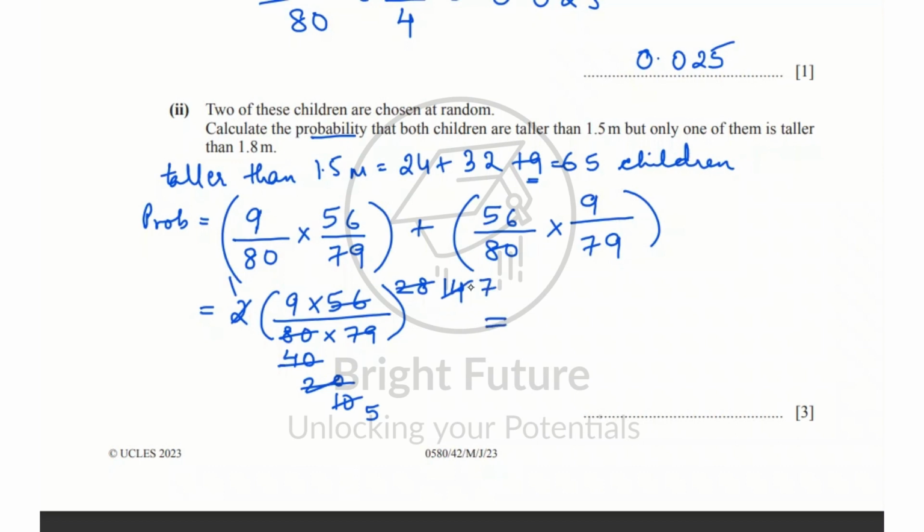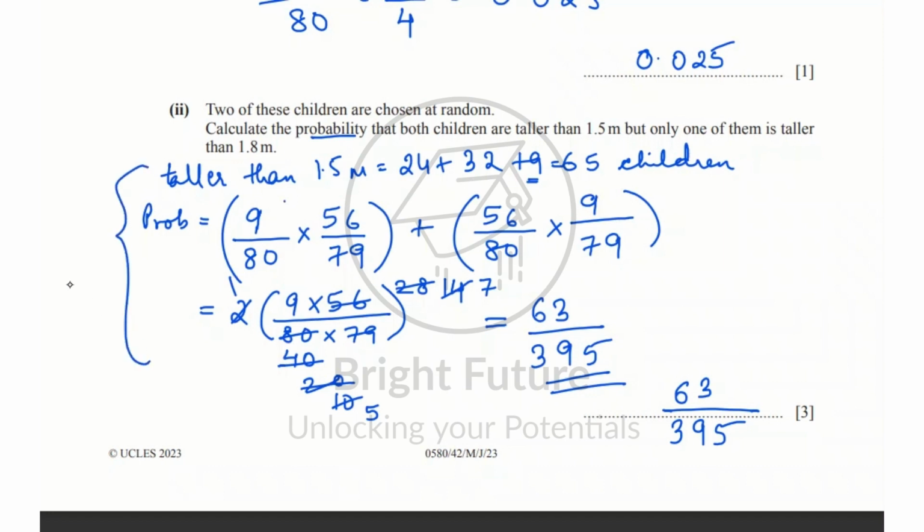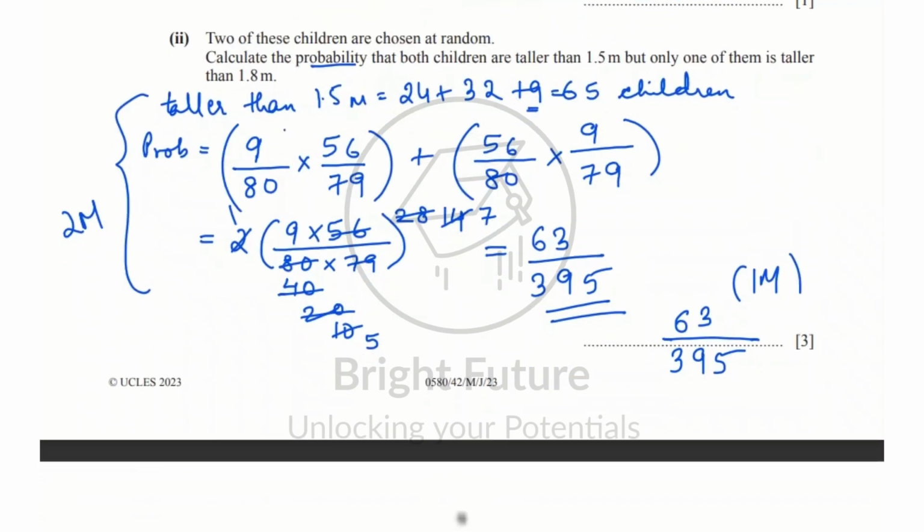So finally we get 7 nines are 63, and 5 into 79 gives us 395. So our final answer is 63 upon 395. So 3 marks. Here to find out the taller and all this carries 2 marks and 1 mark for the final answer calculation.